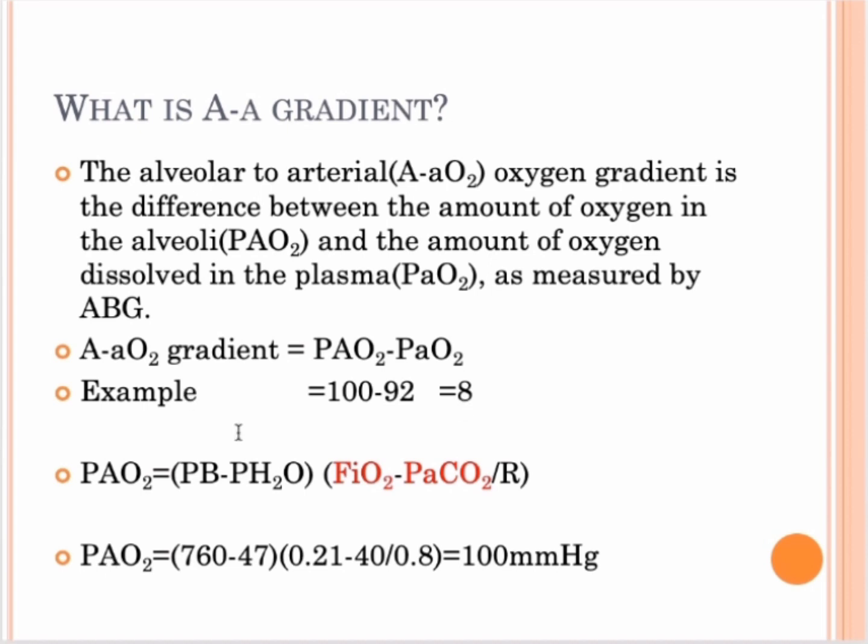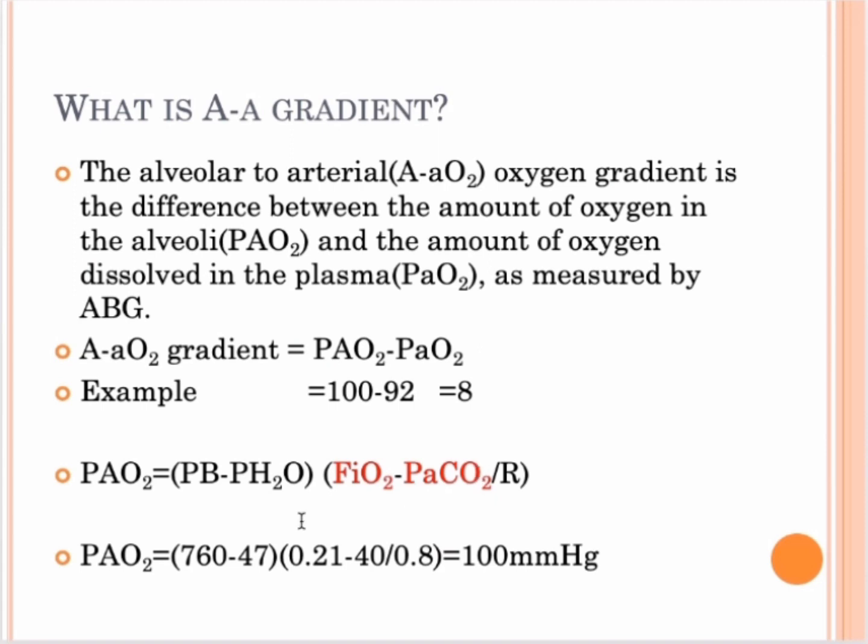So PAO2 is calculated by this formula: PAO2 is equal to barometric pressure minus water vapor pressure, multiplied by FiO2, minus PaCO2 divided by the respiratory quotient. If the patient is on a ventilator, you can get the FiO2, or if the patient is on room air, you can consider it as 0.21. PaCO2 you get on ABG.